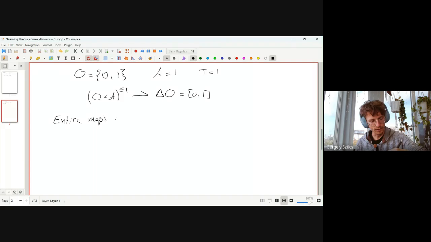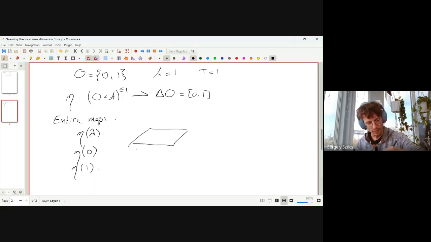And then here, we need to specify eta on the empty input, and then we need to specify eta on a given observation o. And since there are 2 possible observations, eta 0 and eta 1. So we need to specify 3 real numbers here. So if this definition involved entire maps, then we would just get a cube in terms of what the space is.